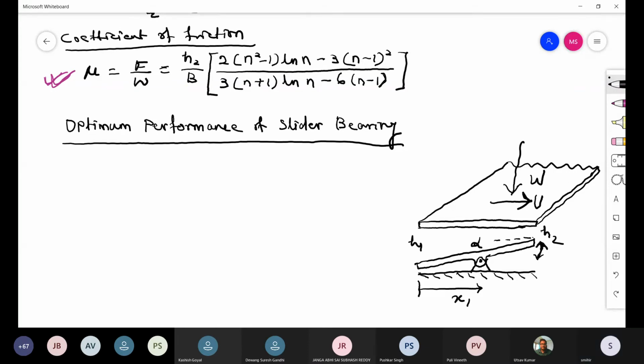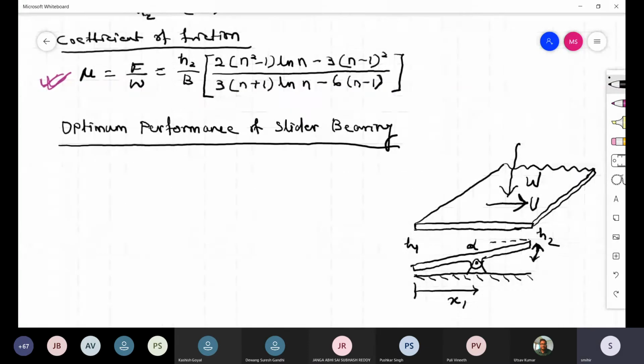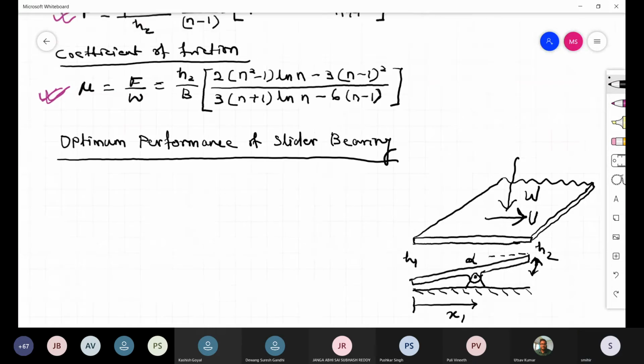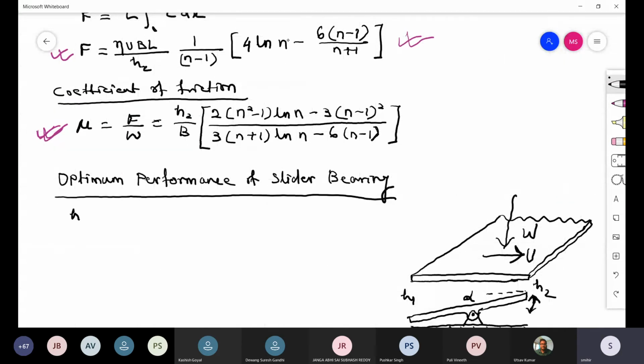Now, as we introduce a new quantity, as I said, you can take H1, alpha, or another new quantity that we defined, or H1, alpha, H2 it was there. Out of these three you can take two as independent quantities. Now another quantity we also defined is N, which is H1 by H2.